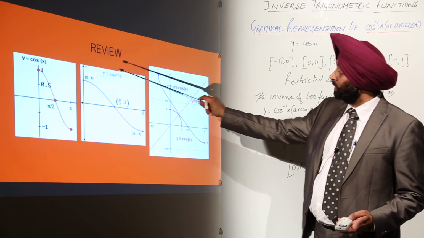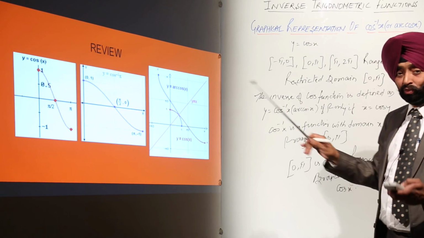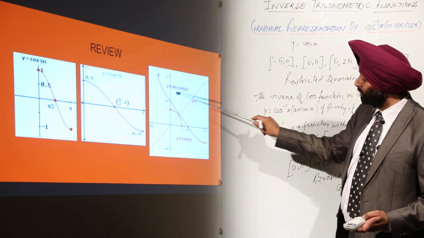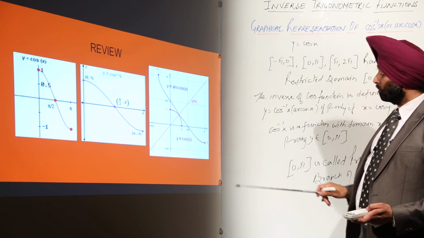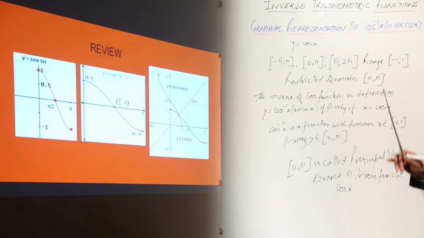Then only we can say, if it is y is equal to cos x, then we can write y is equal to cos inverse x when axes were changed. So this is the mirror image of this part. Now remember that the principal value is 0 comma pi, with cos inverse x having domain -1 to 1 and range 0 to pi.